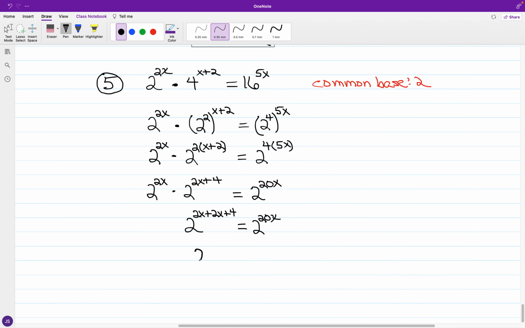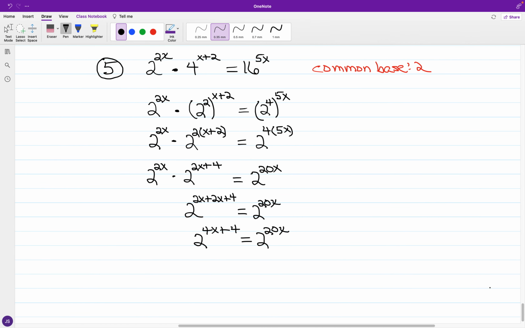So for what I have on the left, we got 2x plus 2x plus 4, so this will be 4x plus 4. Okay, so we now have single base 2 terms, and arriving at this point, we can now set the powers equal to each other.